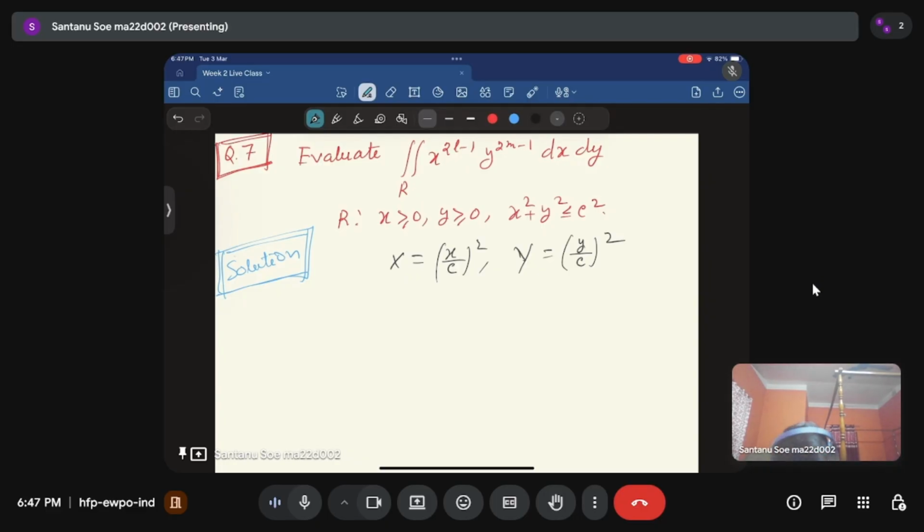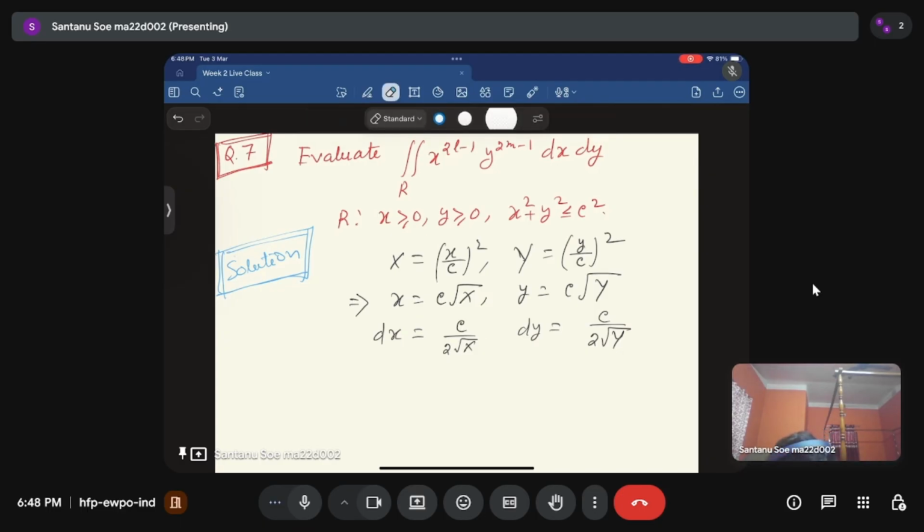So since x is positive, x is c square root of X, and y is also c square root of Y, because both small x and small y are positive, that is, they are lying in the first octant, right? So from here dx equals c divided by 2 root X, and dy equals c divided by 2 root Y, and there will be dX also.